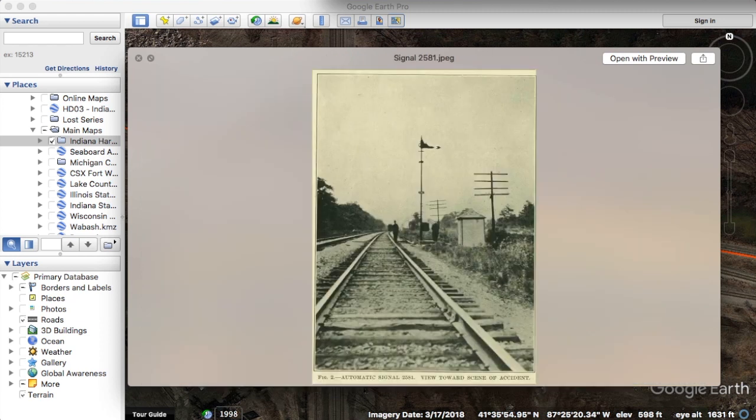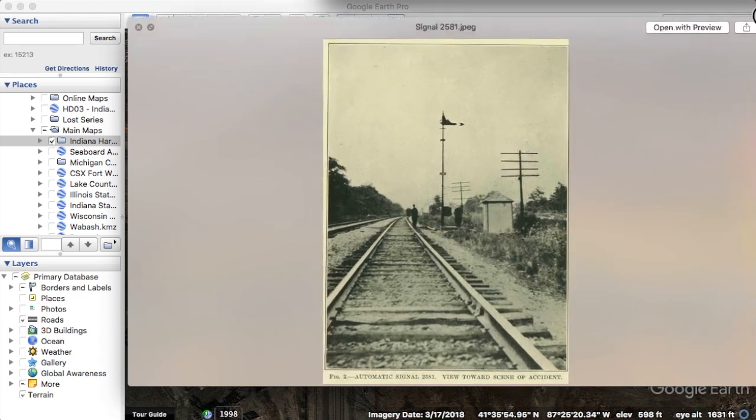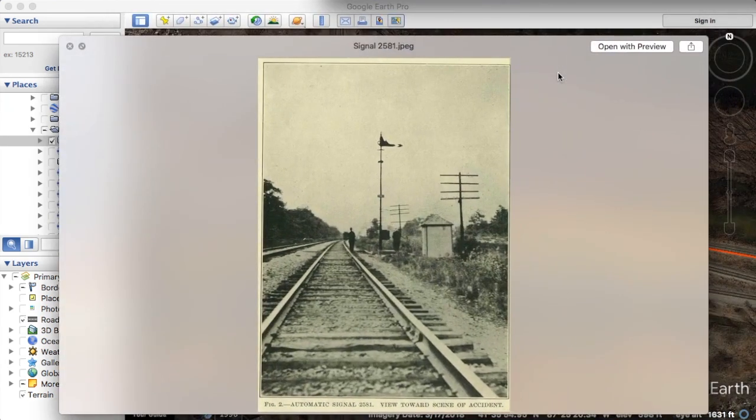This is a signal that Alonzo Sargent passed. It is along the curve and is headed towards Ivanhoe, I believe. So this would be on the Michigan Central. You see his automatic signal 2581. And this signal was also mentioned in the accident report.